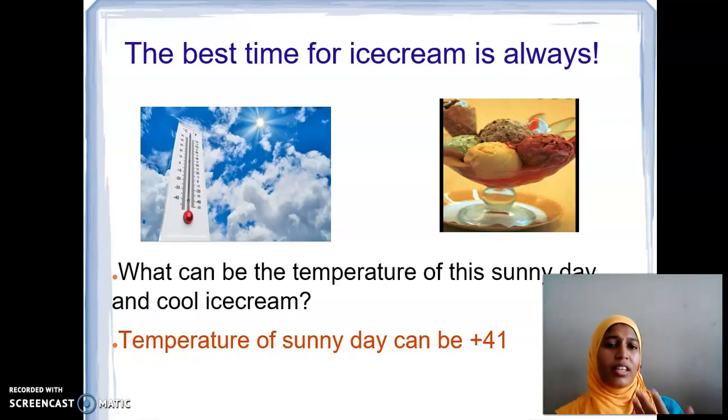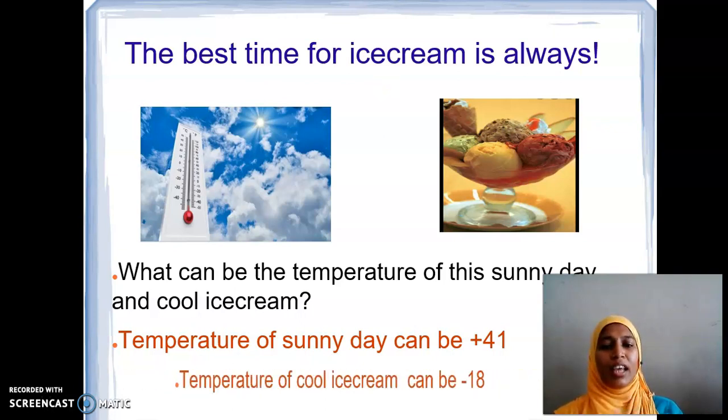If it is more than 0, it is clear it is going to be 1, 2, 3, etc. We have given a positive sign for all these numbers. Now we are introducing a new sign, negative, to represent the numbers that are less than 0 degree.